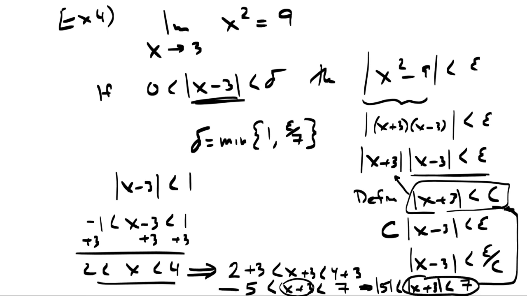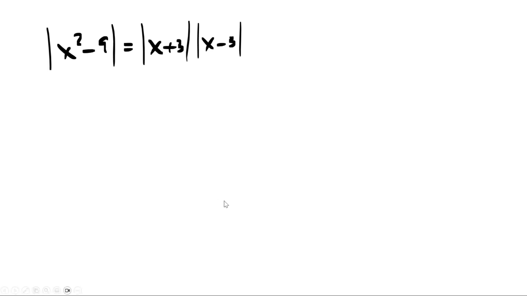So here's what I got. That is our starting point. If our starting point is here, then this has to be true. As long as we are less than 1, and for limits, we are getting closer and closer to 3 from both sides, we want to be less than 1, super close.